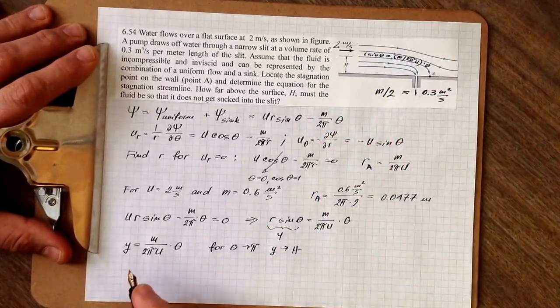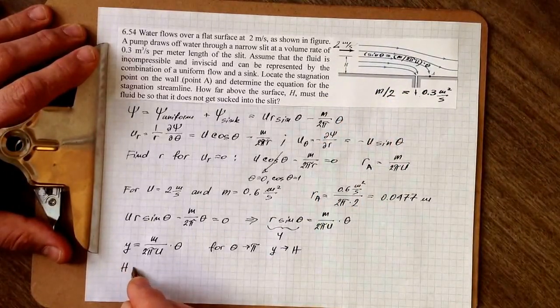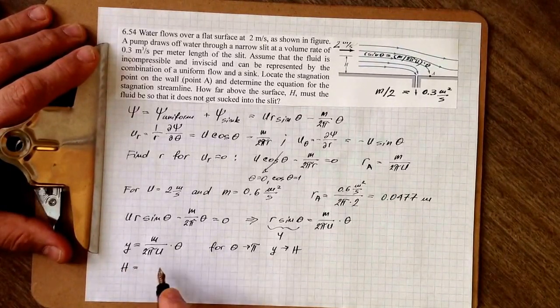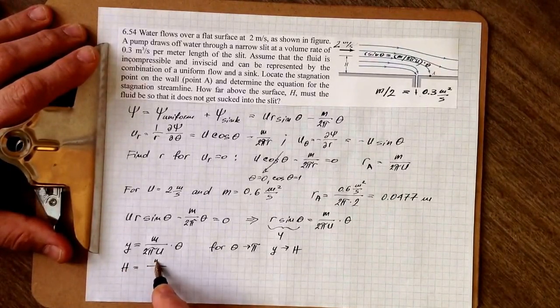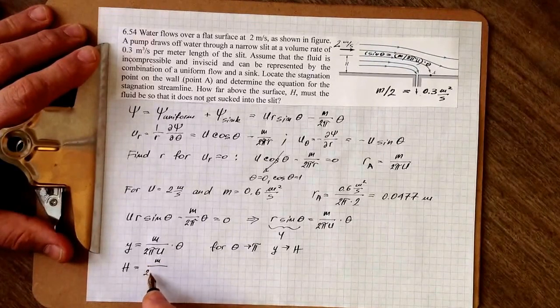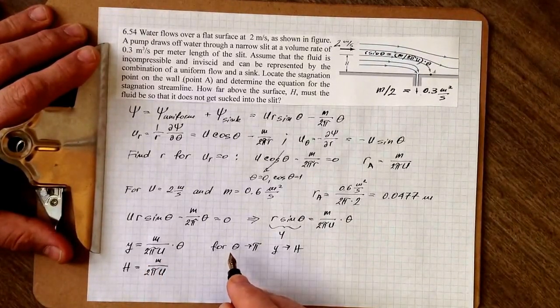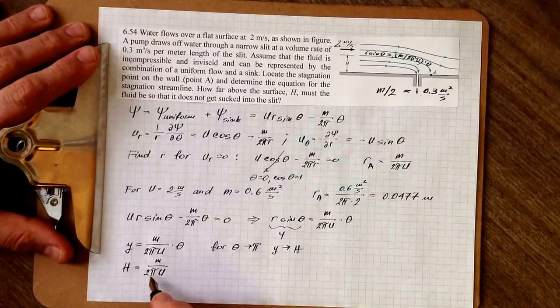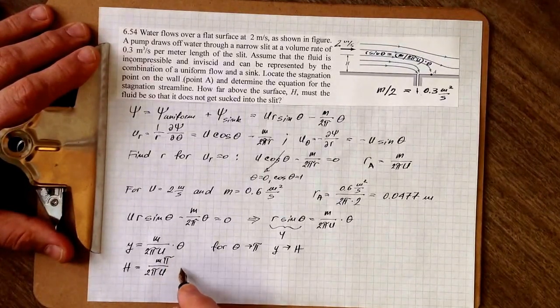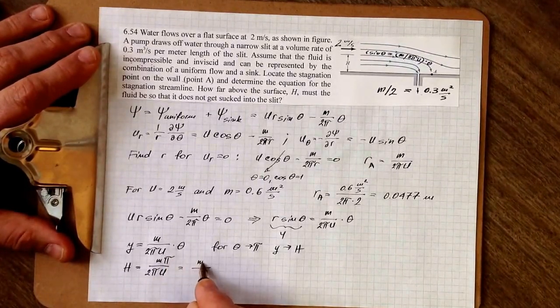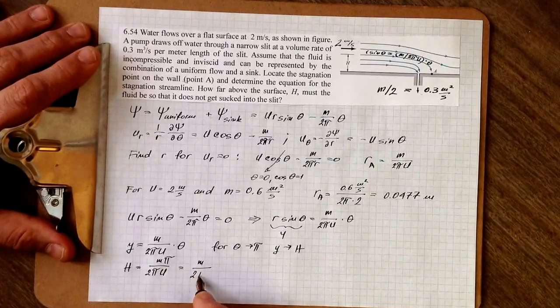In other words, h is equal to m pi over 2 pi u, which is equal to m over 2u.